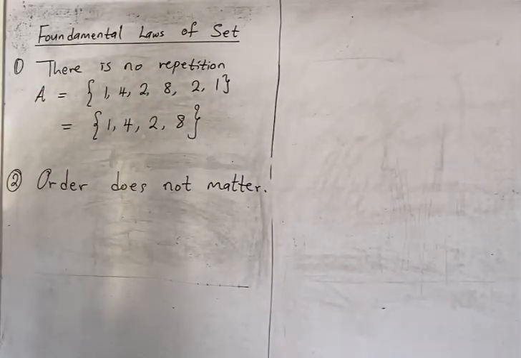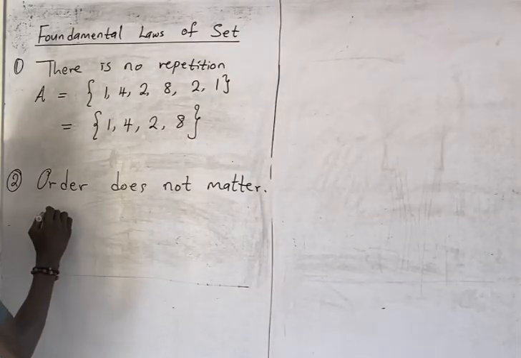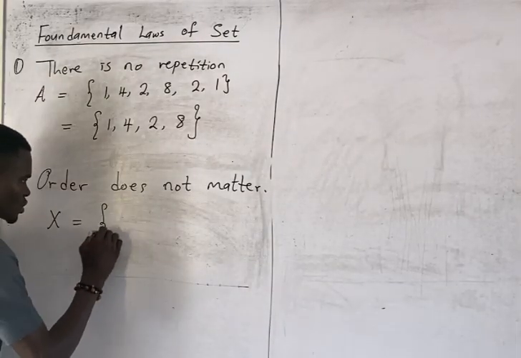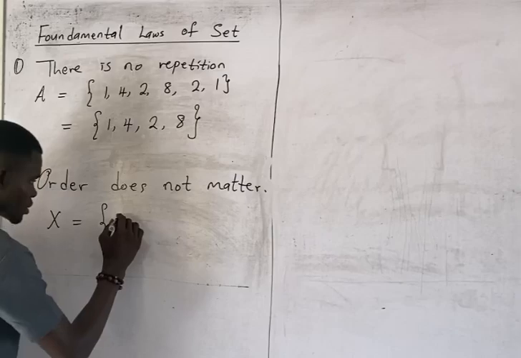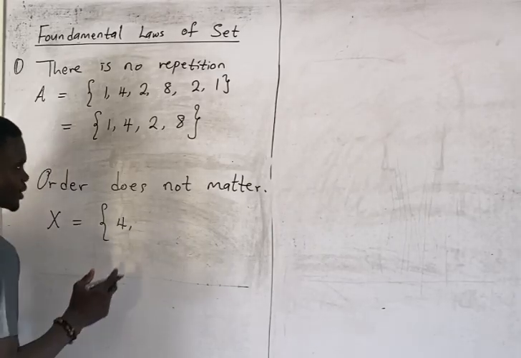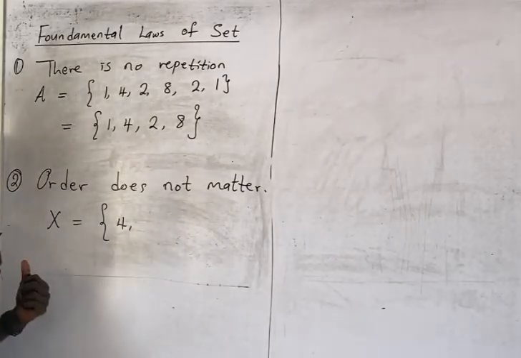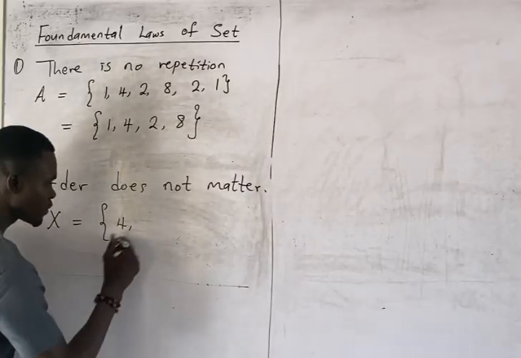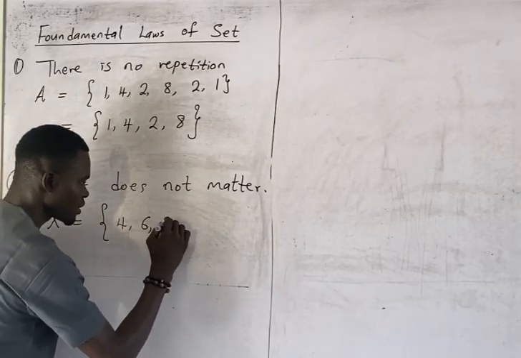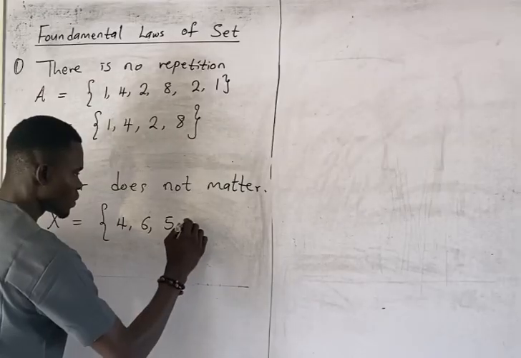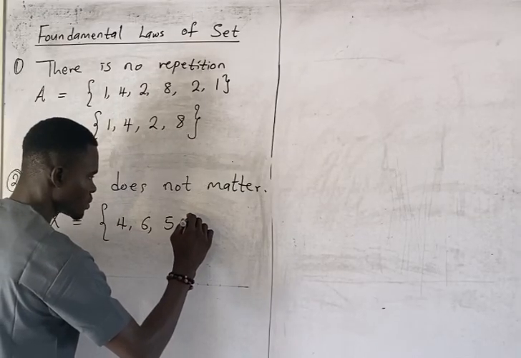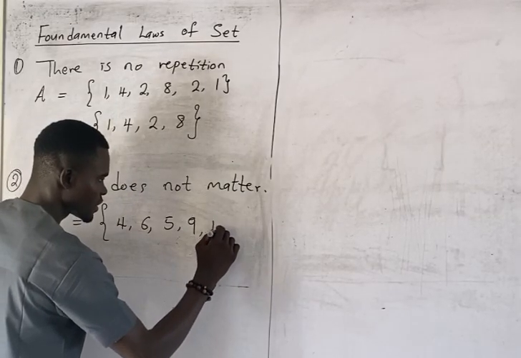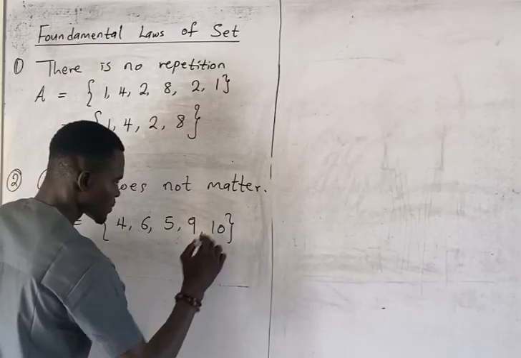What does this mean? Let's say we have set X equals to 4. You should be wondering, why am I just falling in love with 4? Just don't mind me, I like 4. So let's say we have 4, 6, 5, 9, 10. Something like this.